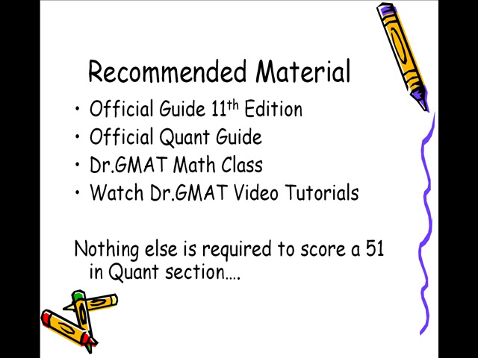I definitely recommend that you go over the official quant guide, Dr. GMAT math class if you have time. If not, then at least you have GMAT math videos you can watch online, and hopefully that can help you score 51 if you practice as I speak.